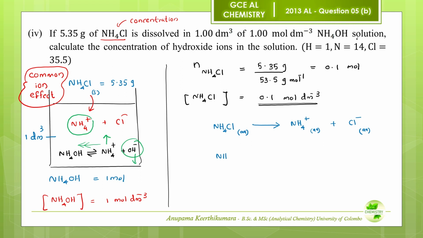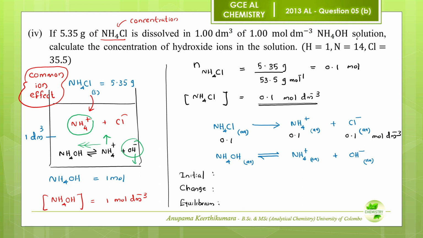Ammonium hydroxide is a weak base and it partially dissociates in aqueous medium to produce ammonium ions and OH minus ions. The concentration of ammonium chloride is 0.1 moles per cubic decimeter. Therefore, the concentration of ammonium ions as well as chloride ions produced from ammonium chloride has the same concentration.